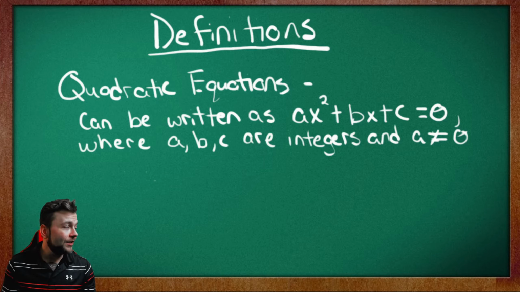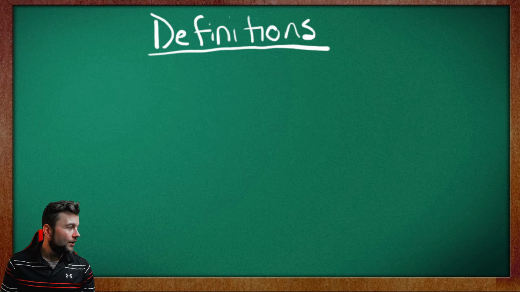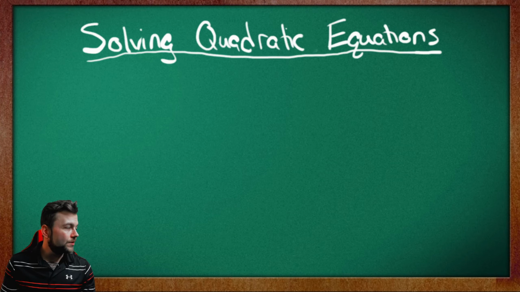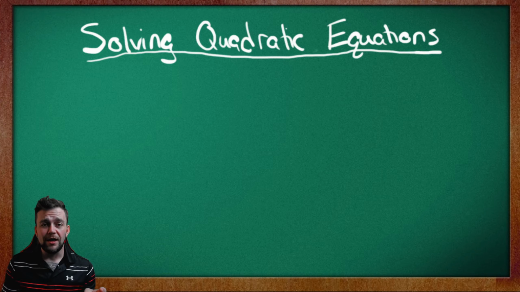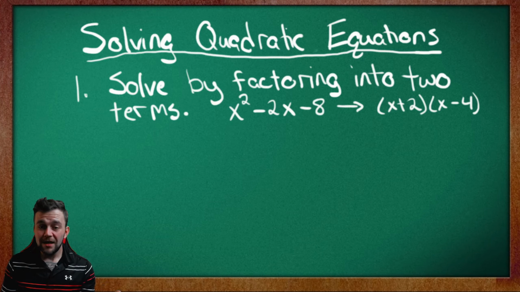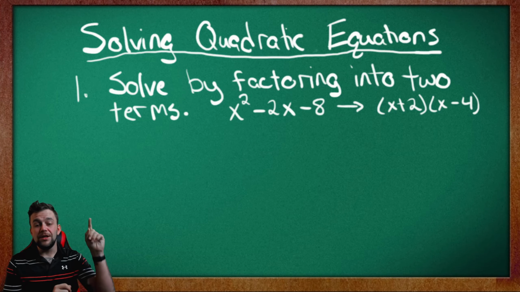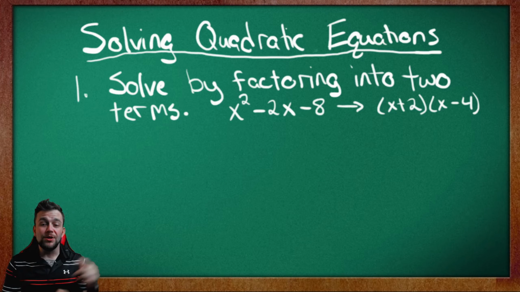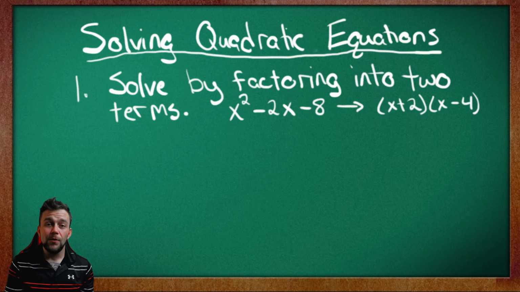So let's move on to our ways to solve quadratics. Okay? So there are 2 ways to solve quadratic equations. The first way of solving a quadratic equation is solved by factoring. So you solve by factoring into 2 terms. So this x squared minus 2x minus 8, we will factor down into x plus 2 and x minus 4.